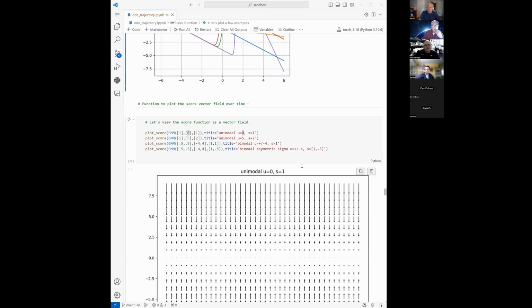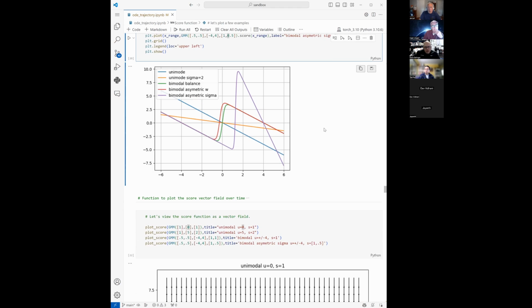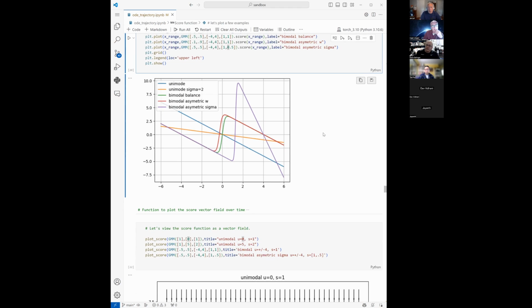Why does the score function get small? Oh, because at the extremes, you're so far away from either of the distributions, it's not as clear which one you're in. Why does it get small? It would get small at the edges. It's not small. It's either highly plus or highly negative. In the bimodals, it looks like they're highly plus, highly negative, and then they return to zero, right? No, I'm not quite sure which. Like the red line.